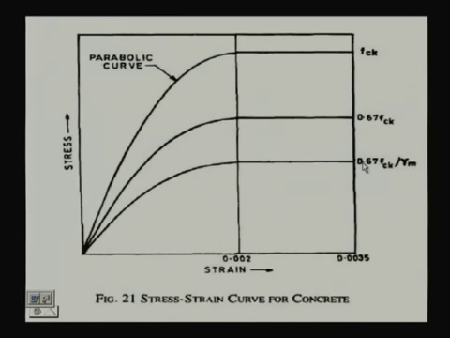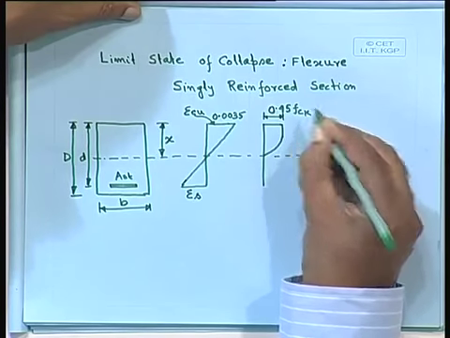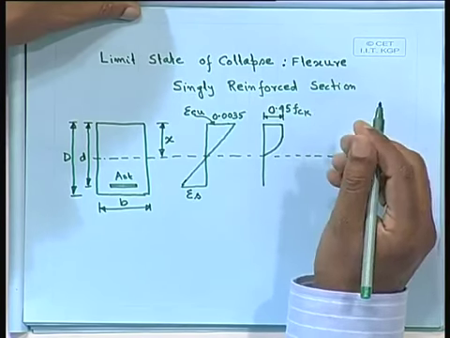We shall consider this value as 0.45. So, we are taking 45% of the cube strength. For our design purpose, we are taking 45% of the cube strength.